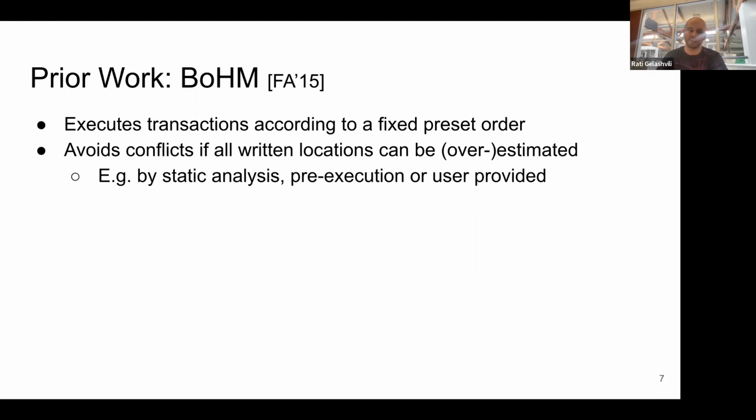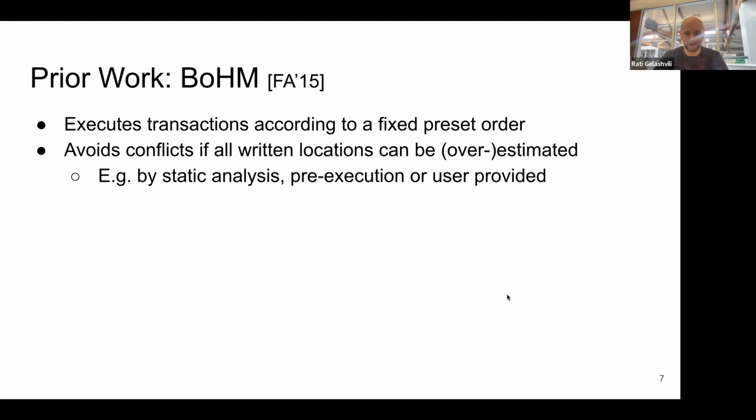And what BOM is doing is stronger. It says our serialization is exactly going to be the same as this order that's determined before. The interesting thing is that BOM requires an overestimation, or an estimation, of write locations.